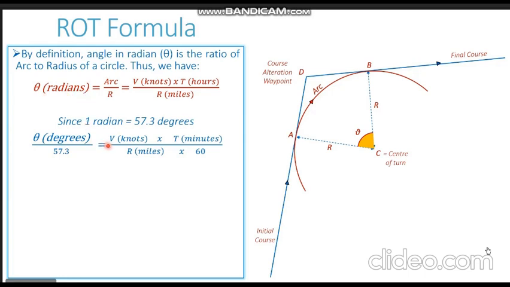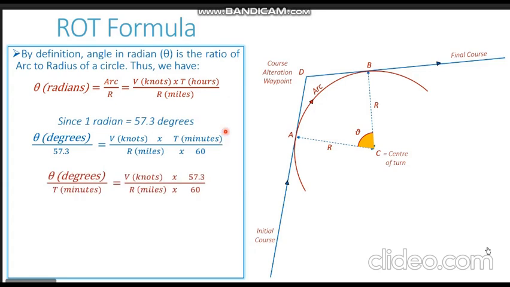Going to the right hand side, we have the speed V in knots multiplied by time t in minutes, and this t minutes divided by 60 gives the time in hours. In the denominator, we have the radius as usual in nautical miles. So you can now see radians have been converted to degrees and the time has been converted to minutes.